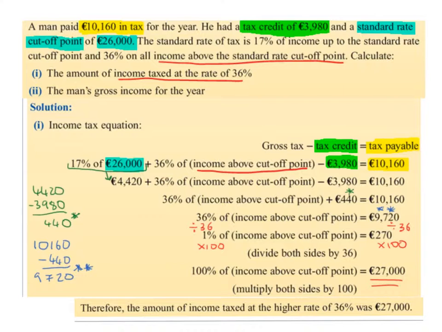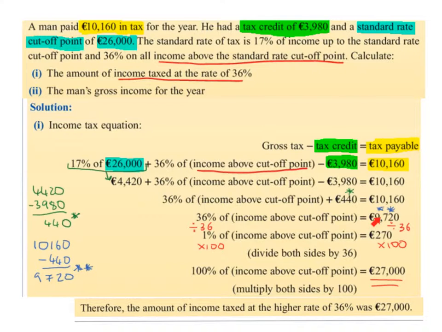So let's tidy up the left hand side a little bit. We have €4,420 and we're going to subtract €3,980 and that will leave us with €440. Next we're going to bring that €440 over the equal sign. So we're going to do €10,160 minus €440 and that gives us €9,720.